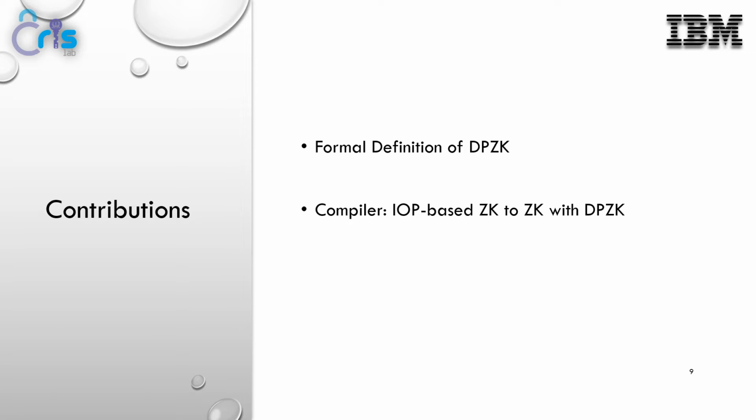An IOP based zero knowledge protocol means that the prover constructs an oracle and gives the oracle access to the verifier, where the verifier makes polynomially many queries to the oracle and convinces itself that the statement is true. And finally, we give a new protocol, Graphene, which is efficient in the single prover as well as in the distributed prover setting.